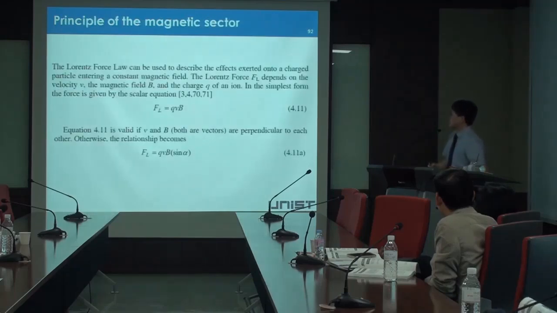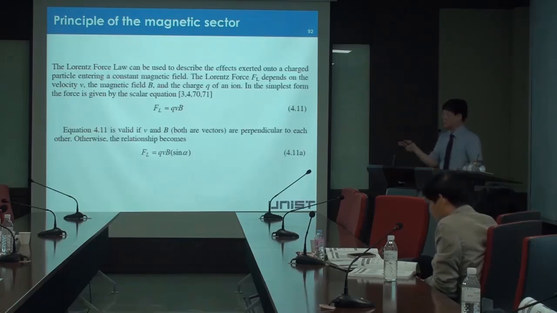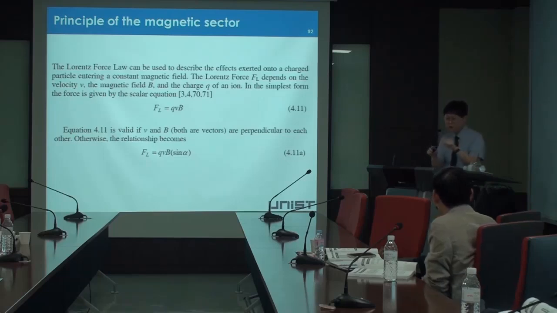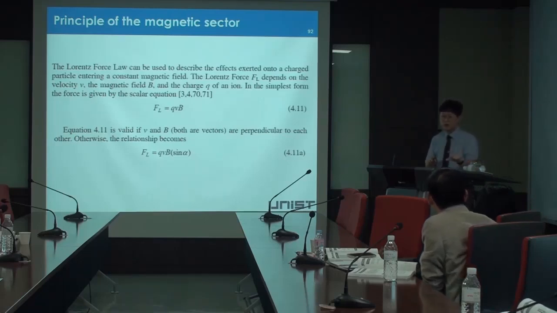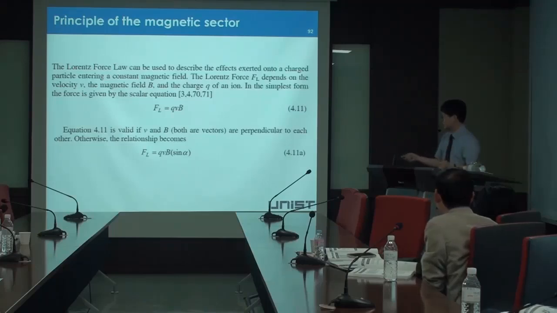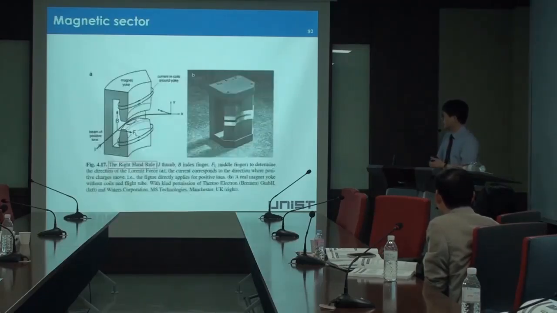The second one is the magnetic sector or electric sector. Their principles are very similar. In the magnetic sector, here is a magnet. A neutral molecule is not influenced by a magnetic or electric field. Only ions can be influenced by a magnetic or electric field. So this is about those equations.